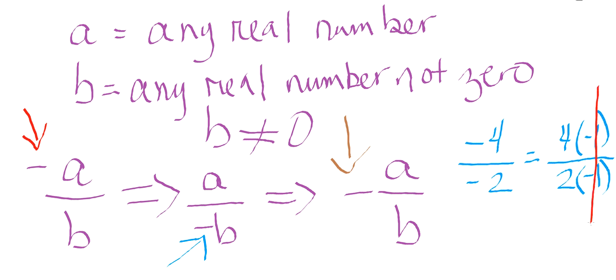That would just divide itself out. So when you only have one sign, it's okay to move it wherever you want to, to make it easier for you to see. Some people have a very big problem with having a negative sign in the denominator. It just looks messy.